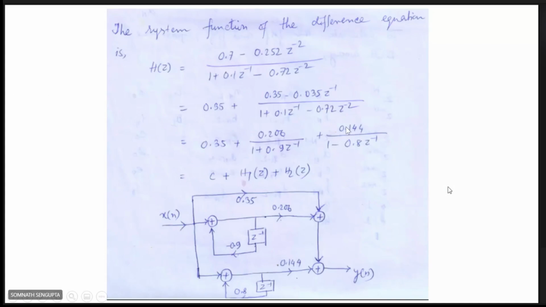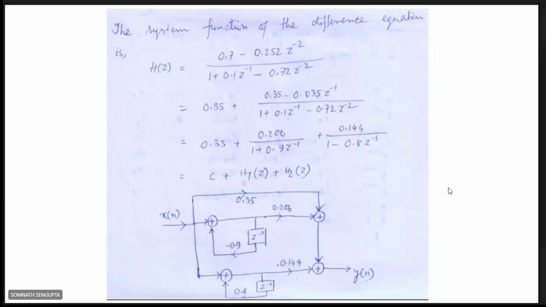So just go through these steps, and you will be able to implement the transfer function in parallel form. We have studied different ways of implementing IIR filter structures: direct form 1, direct form 2, then cascade realization, then parallel realization.